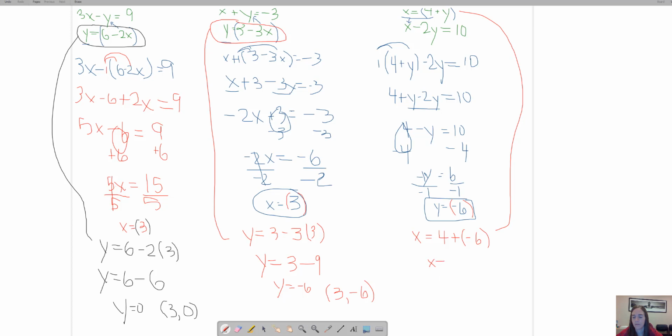Okay, so x equals, and 4 plus negative 6 is negative 2. So there's the second part of my answer right there. So to write that as an ordered pair, the x always comes first. So it's negative 2, and then the y is negative 6.